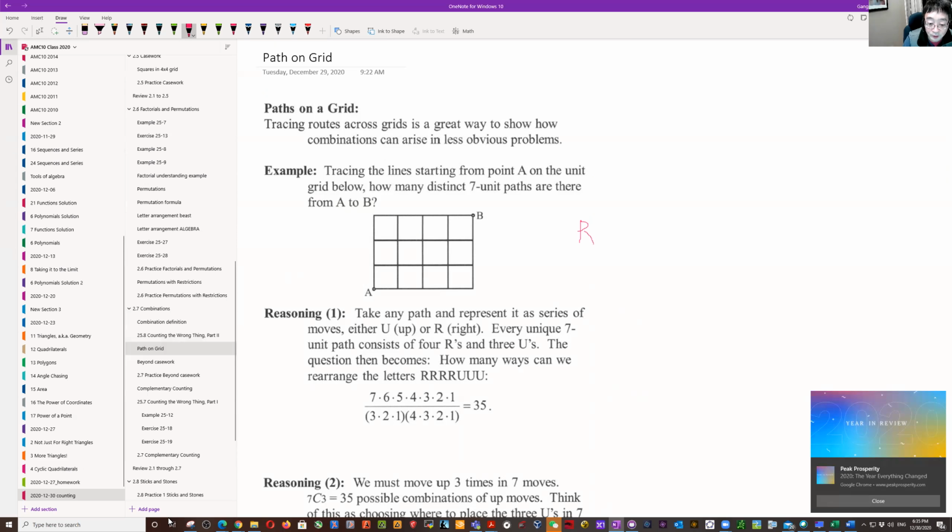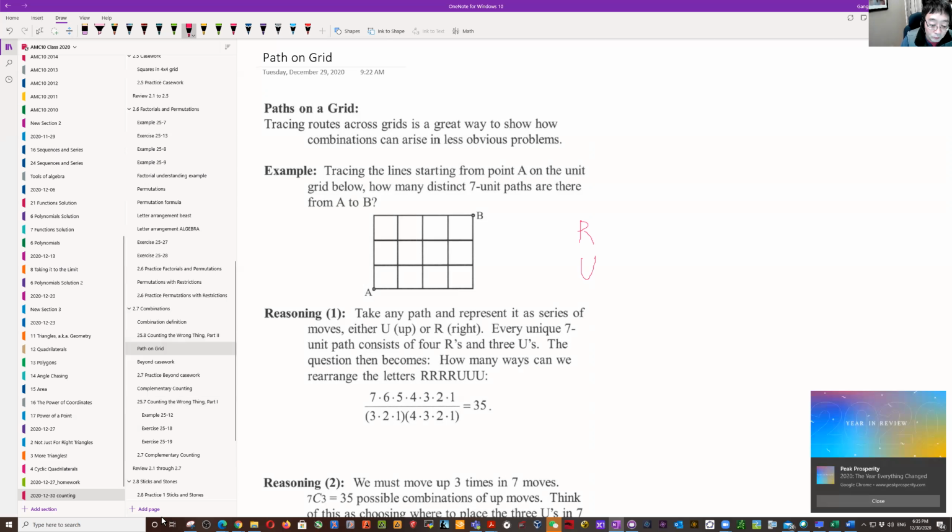One letter R is the instruction to move one step from west to east. And one U means one step to move on the grid from south to north.